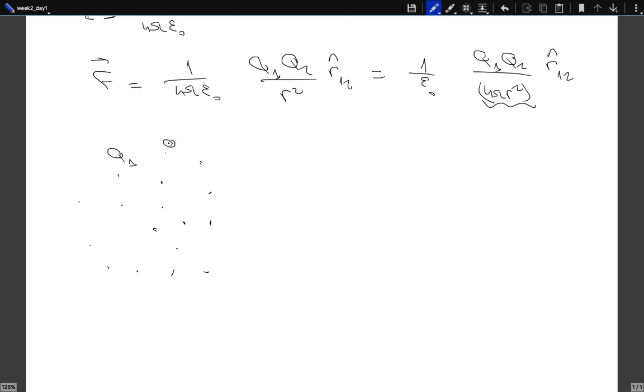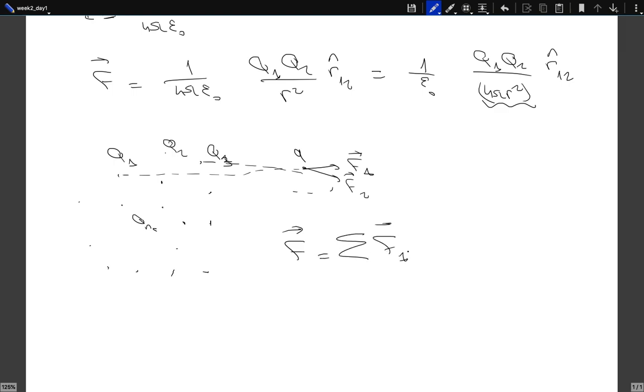Let's just call them Q1, Q2, Q3, Qn, etc. We just give them some names, and now we put another charge somewhere else, Q. Then we said that there is the superposition principle, which says that if at this point Q, Q1 exerts a force F1 in this direction, if Q2 exerts a force, let's say F2 in this direction, etc., then the total force acting on the charge Q is just the vectorial sum of all these vectors.